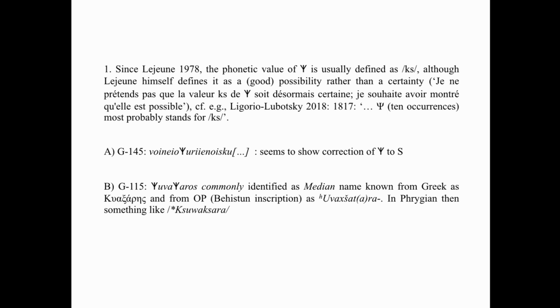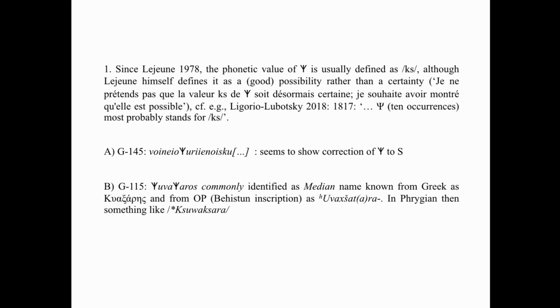The name indeed demonstrates some resemblance, first of all in the Greek form. In the Old Persian form, which is also attested, Uwakhshatra is actually already a little bit different.